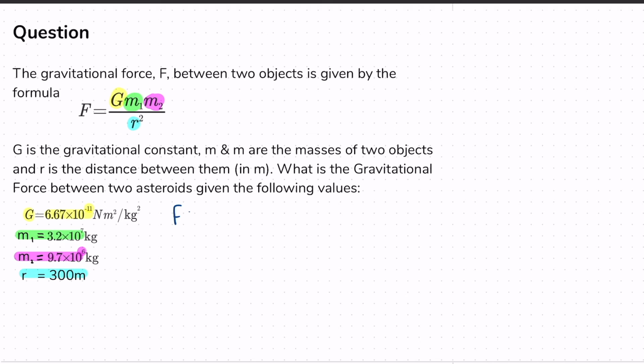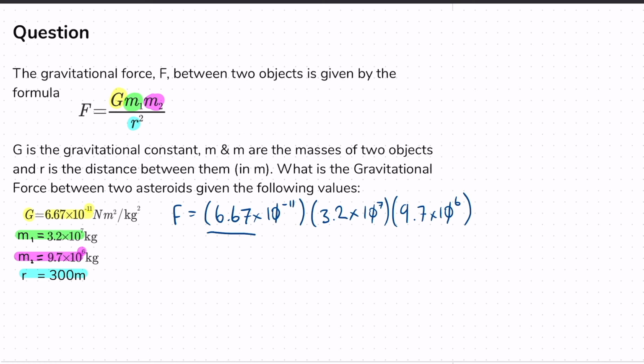So F is equal to G times M1 times M2 divided by R, which is in meters, squared.